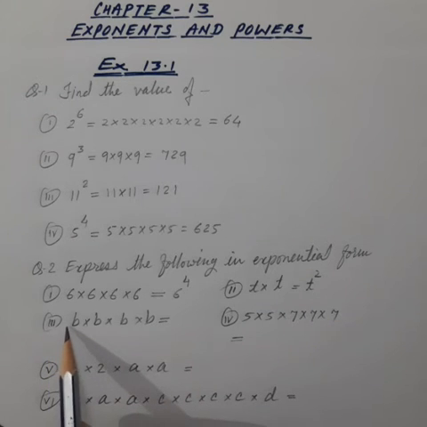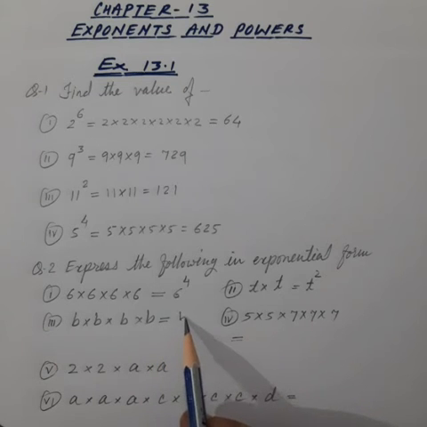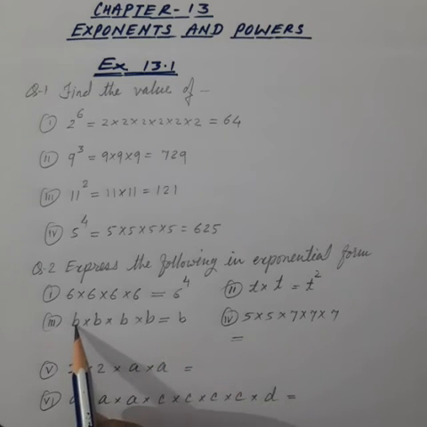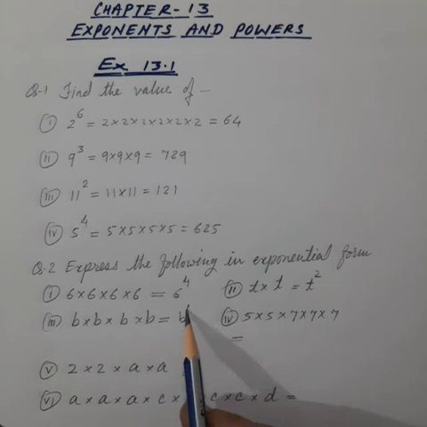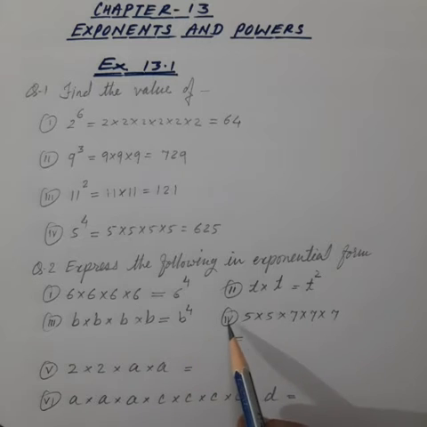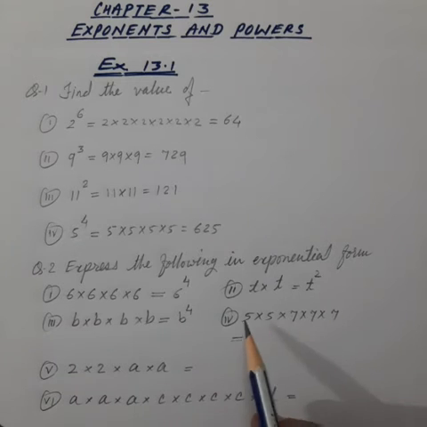Third, here b is multiplied by itself repeatedly. So b is base and it is multiplied by itself 4 times. Power is 4. b raised to the power 4. Fourth, in this multiplication, there are two numbers which are repeatedly multiplied by itself.